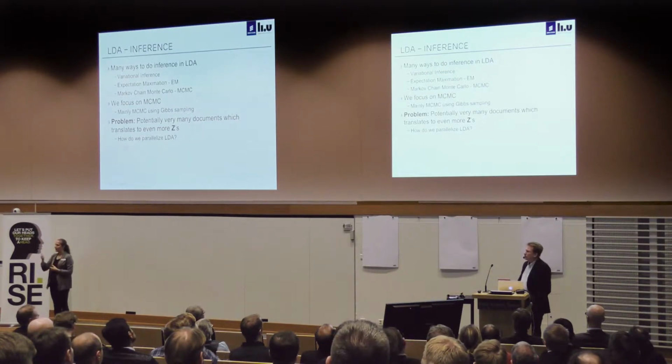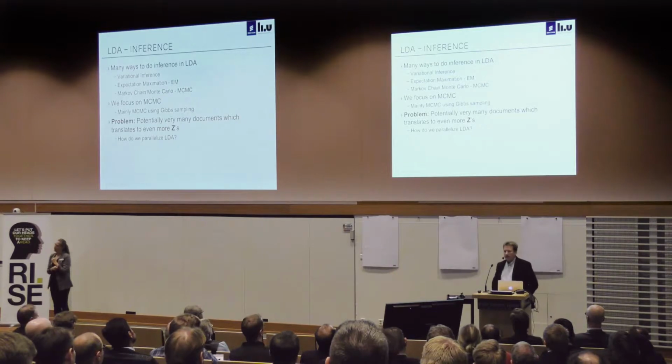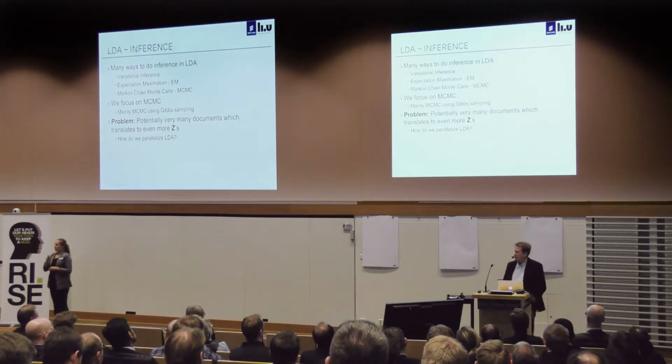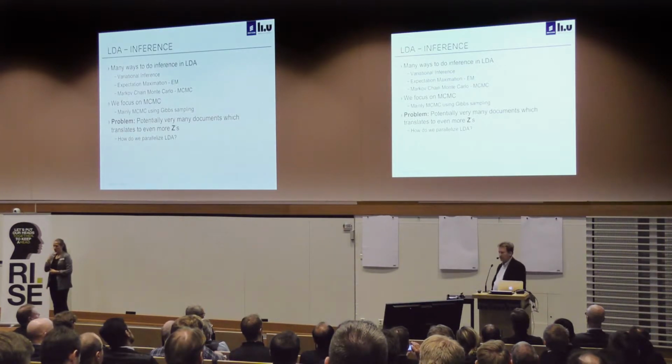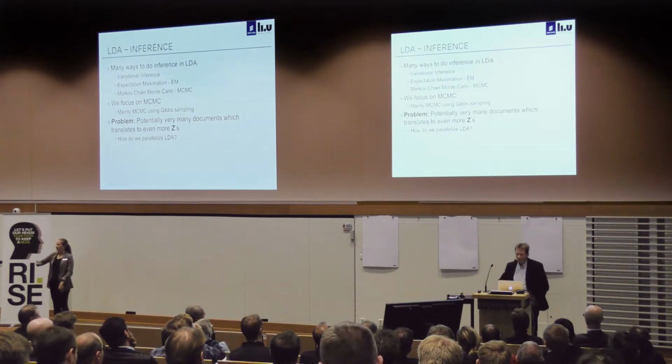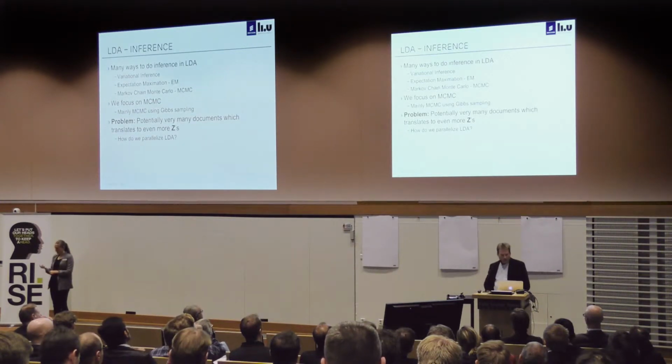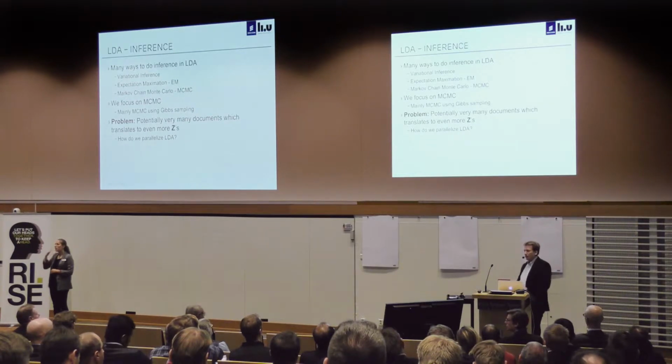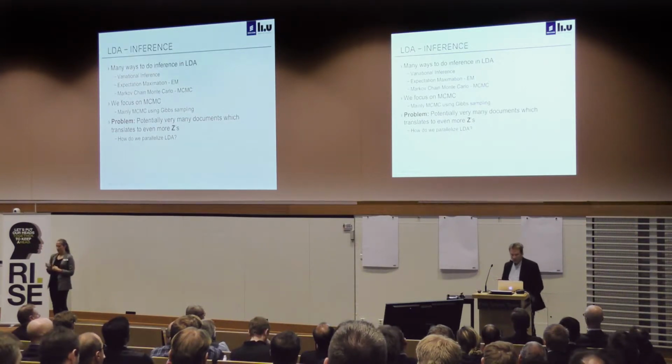So what's the problem with doing inference in this model? Well, we have an almost infinite number of documents, right? Say we want to do topic modeling on the internet. We have a lot of documents, and this gives us even more Z's, those topic indicators that we talked about. And those are the ones that we have really, really many of.